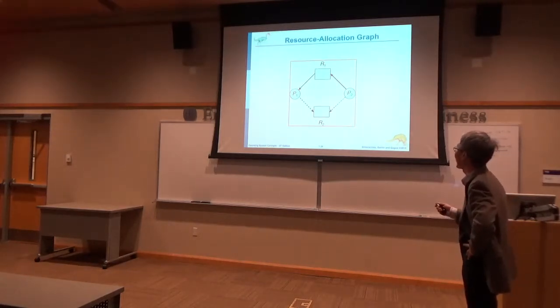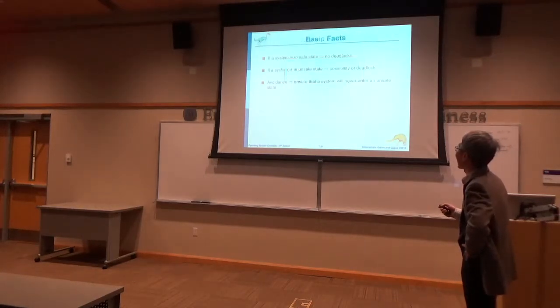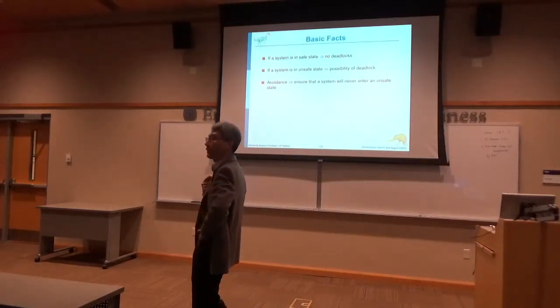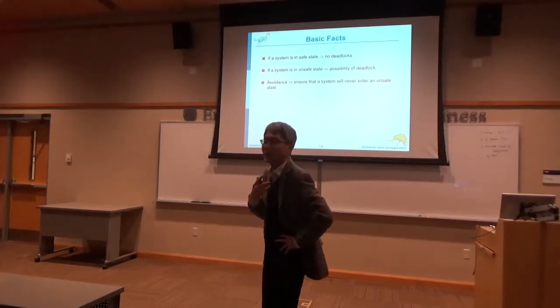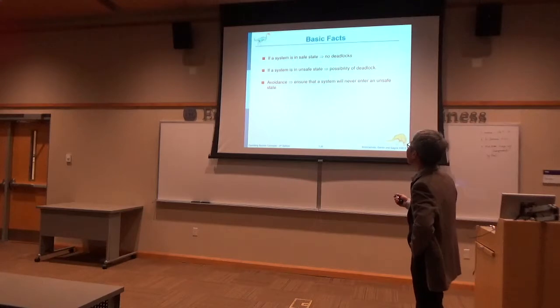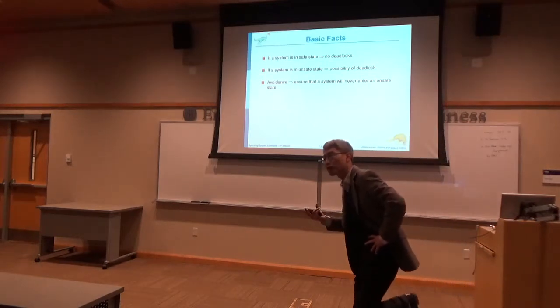So this one is requesting. Using the resource allocation graph, our goal is to find whether there is a cycle or not. If we can find a cycle, that means it may be a deadlock. Not always, as we have seen before. But conventionally, we consider such a state an unsafe state, where there is a possibility of deadlock. We need to do something.